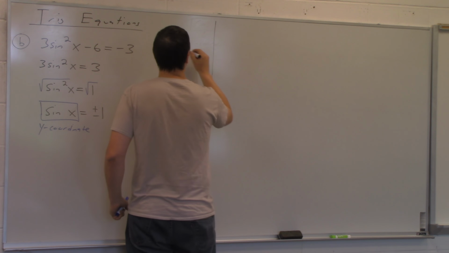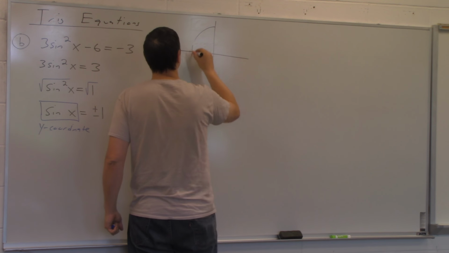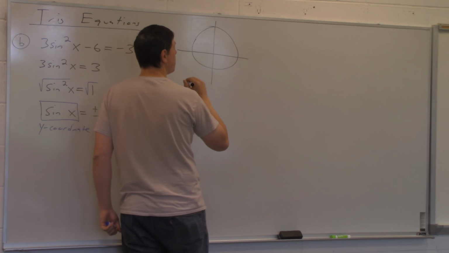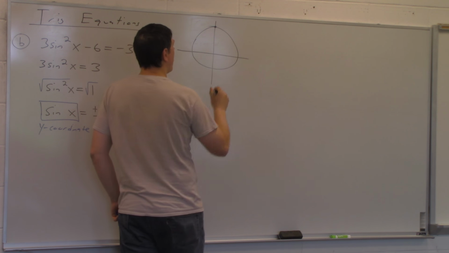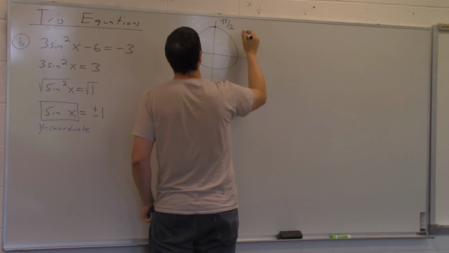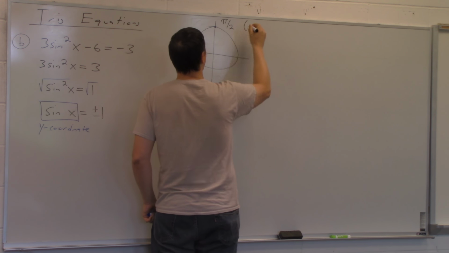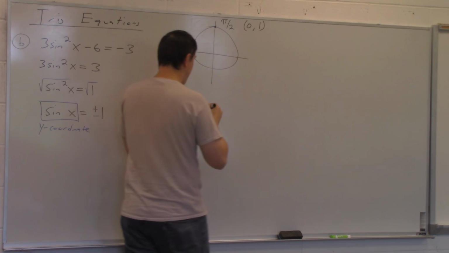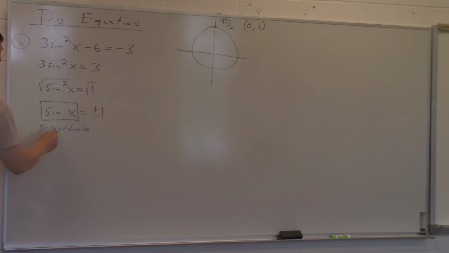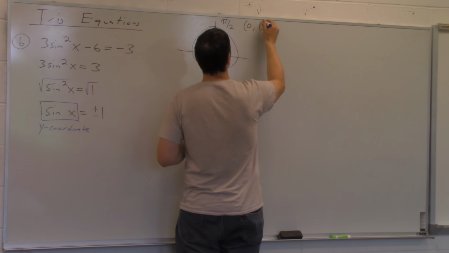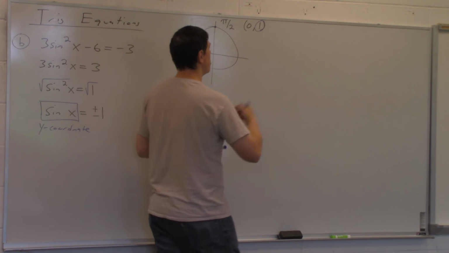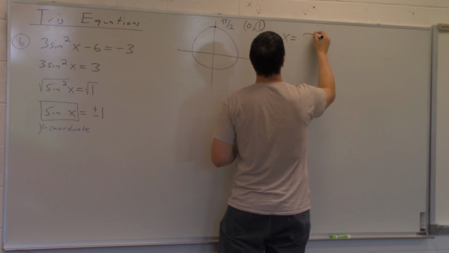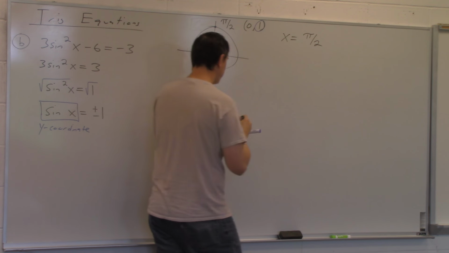The unit circle, or unit ellipse in my case. Look here at pi halves. At pi halves, this is the point 0, 1. All we care about is where the y coordinate is either positive 1 or negative 1. So that's a good place to start. That's one of our answers. So x is going to be equal to pi halves.